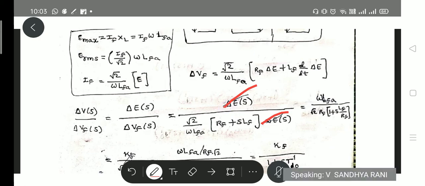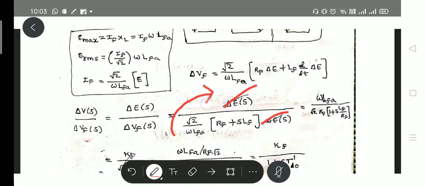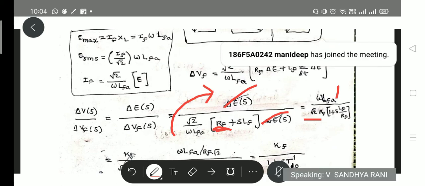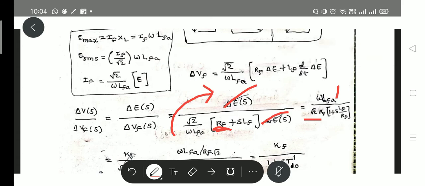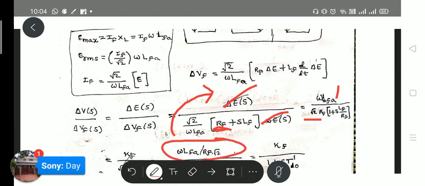Then we get, taking upside, omega LFA by root 2 Rf into 1 plus S into Lf by Rf. Taking Rf root 2 to the upper side, we get omega LFA by root 2 Rf over 1 plus S into Lf by Rf, right?